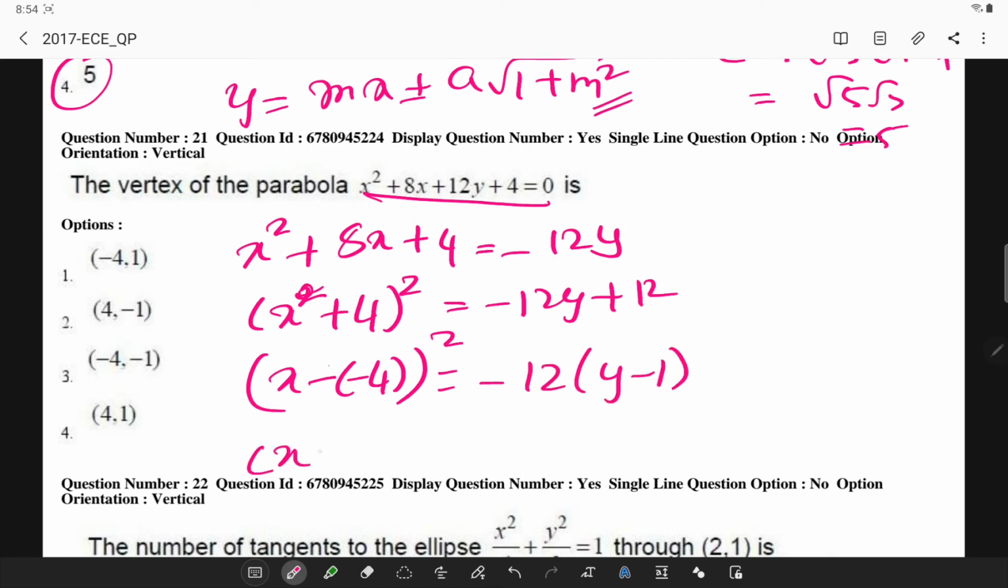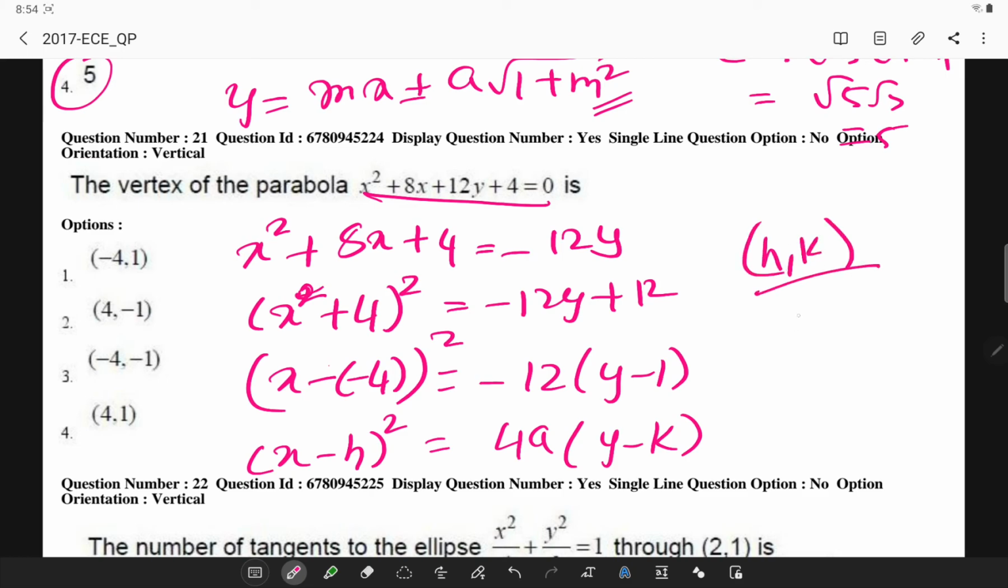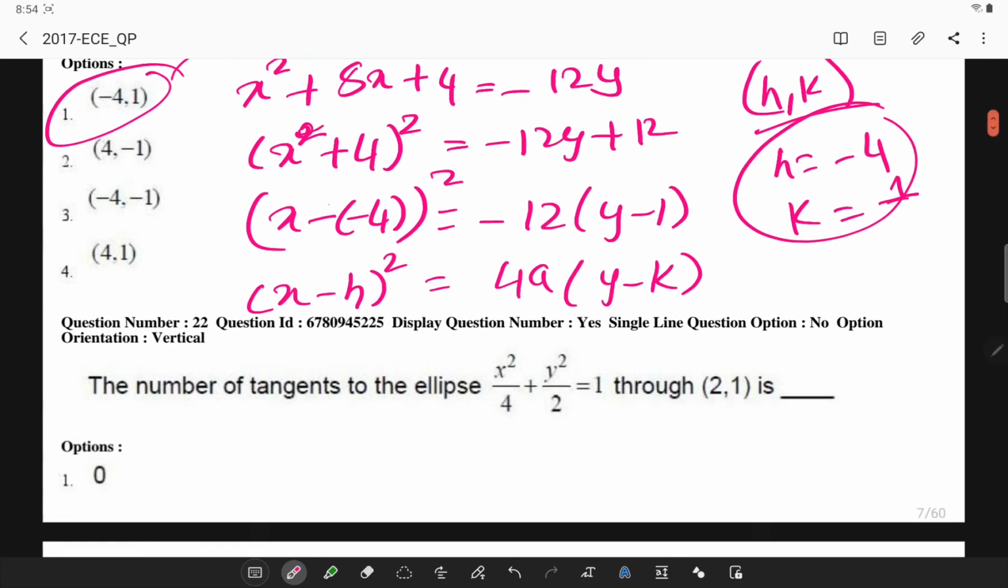If you compare with the basic equation x minus h whole square is equal to 4a into y minus k, here h comma k is the vertex, so h is equal to minus 4 and k is equal to 1. So minus 4 comma 1 is your answer.